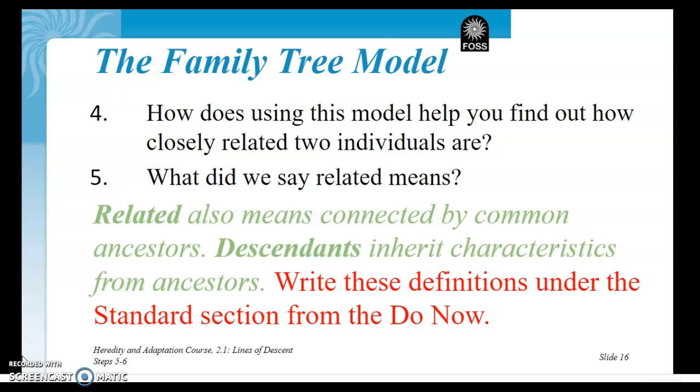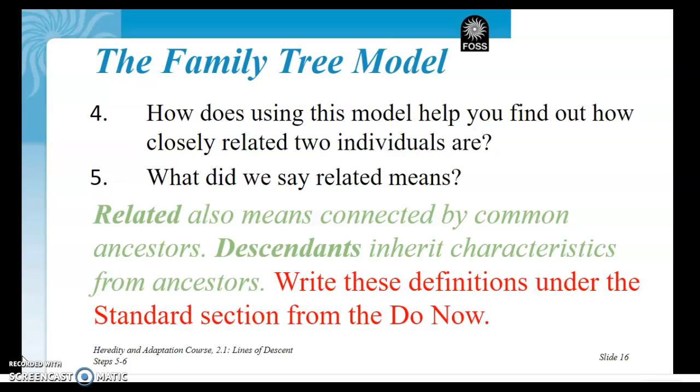So related, what did we say related means? In the beginning, we said that related means belonging to the same group or family. All right. But related also means connected by common ancestors.